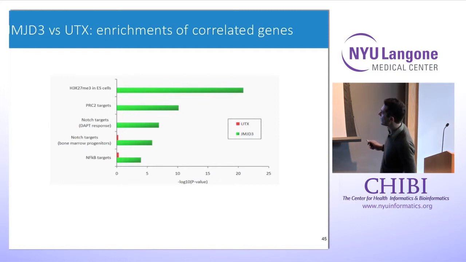You can clearly see that it's Jumanji and not UTX whose correlating genes are enriched in K27 trimethylation, PRC2 targets, or Notch targets.